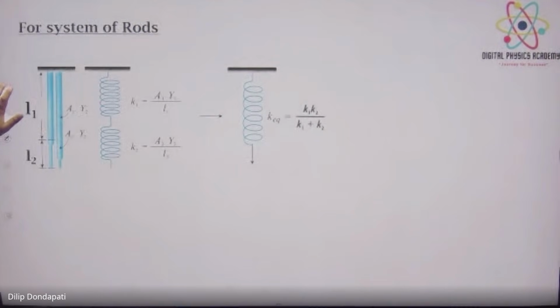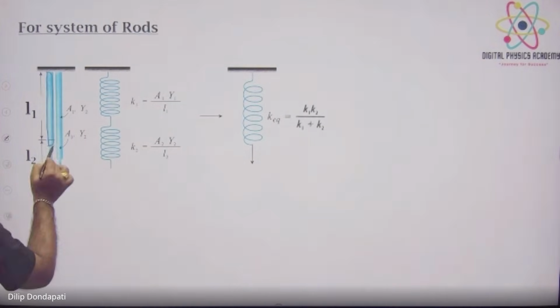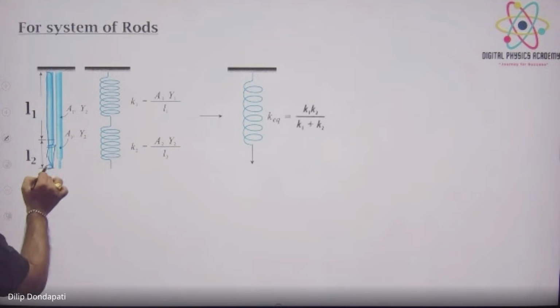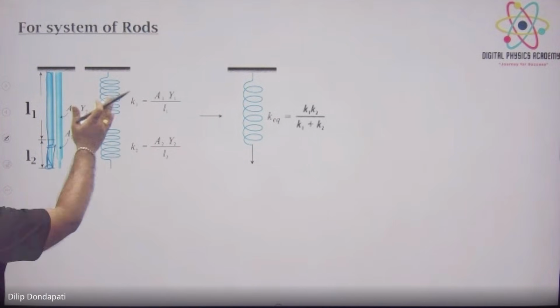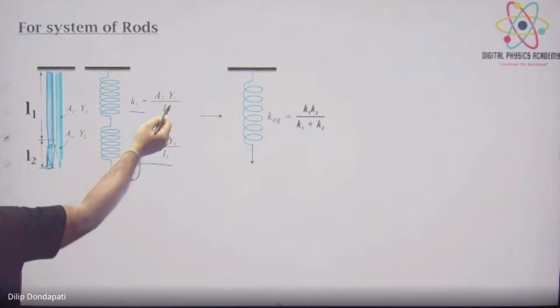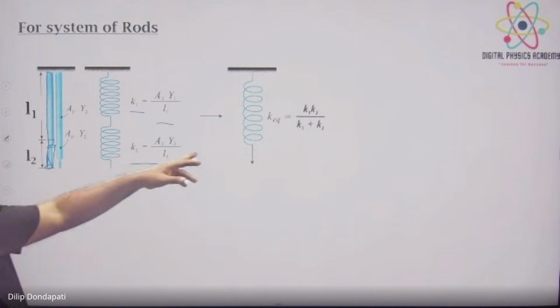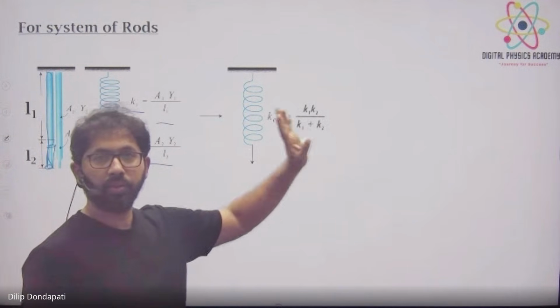तो देखो, system of rods, I told you two rods are there, they connected. देखो this is one wire is there, this one wire is there, so they are in series, right? So I can combine with the springs also, K1 K2 I can find, A1 Y1 by L, A2 Y2 by L, and then I can find K equivalent by using this formula K1 K2 by K1 plus K2.